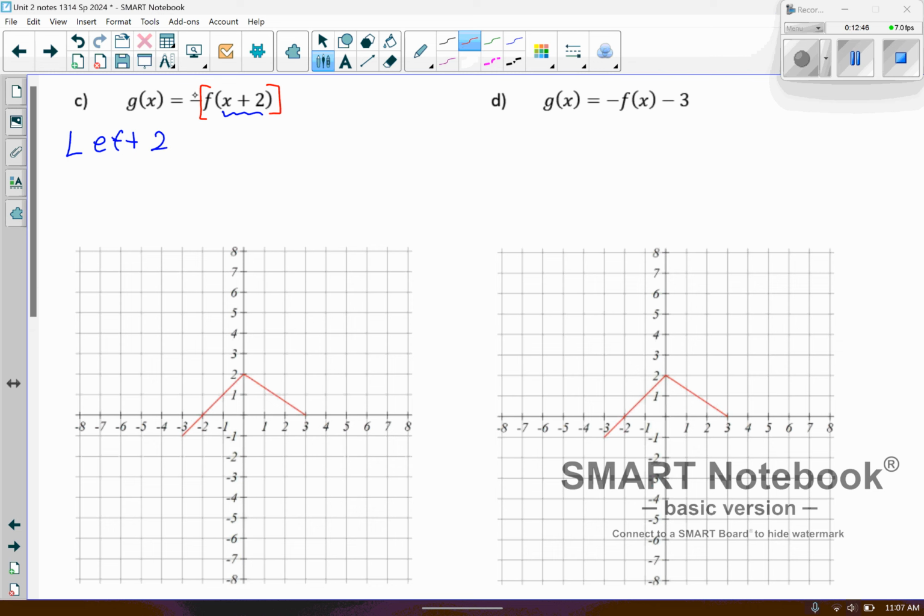Then basically you're multiplying your results by -1. That's what this is on the outside, so you're multiplying your y values by -1. You can say multiply y by -1, but if you want to get a little more technical, what's going on is we have a reflection across the x-axis.